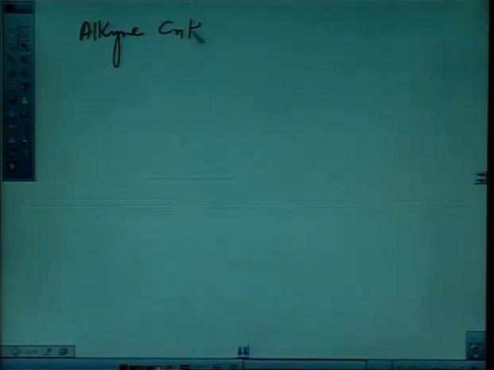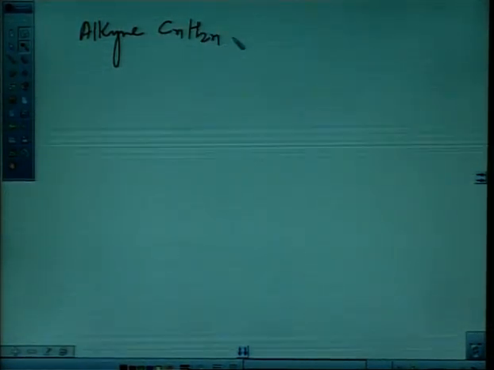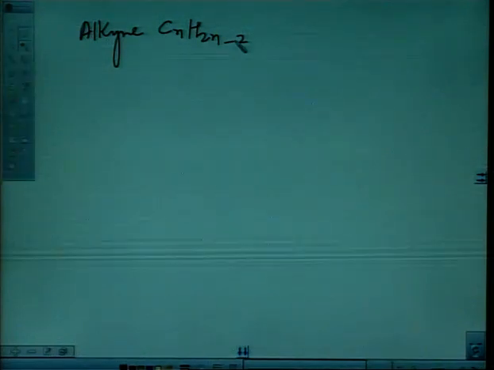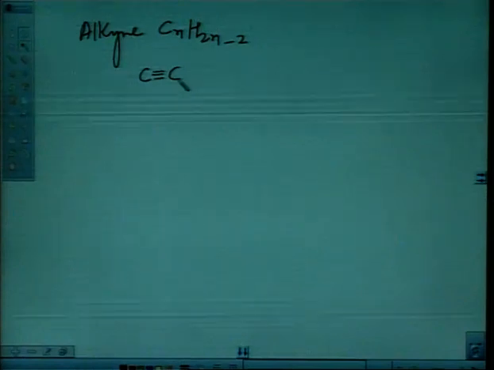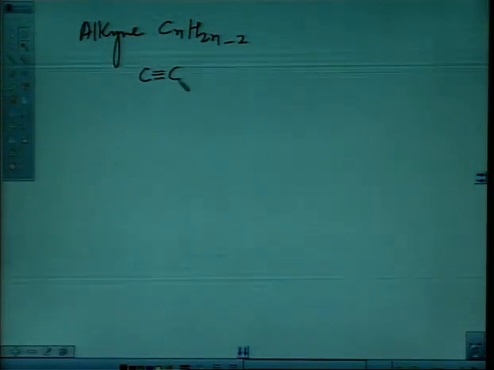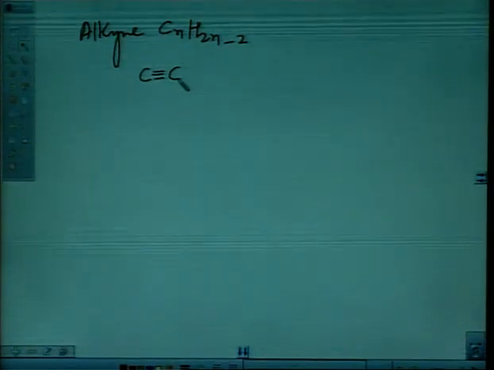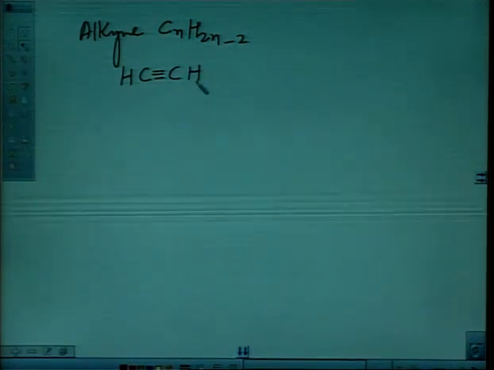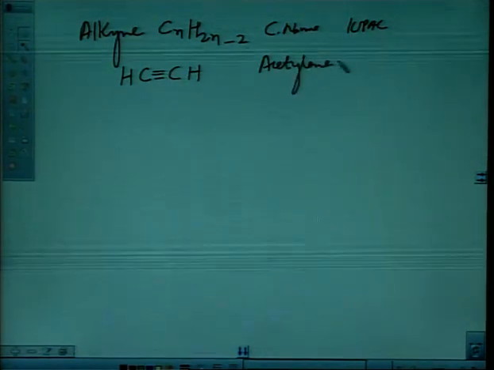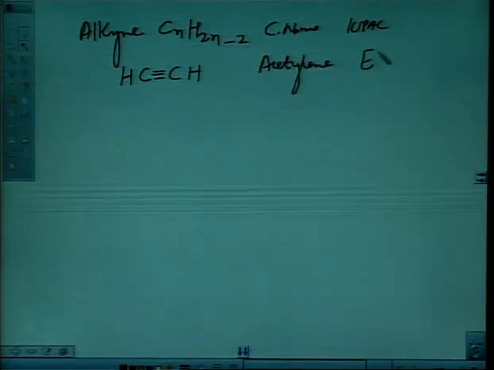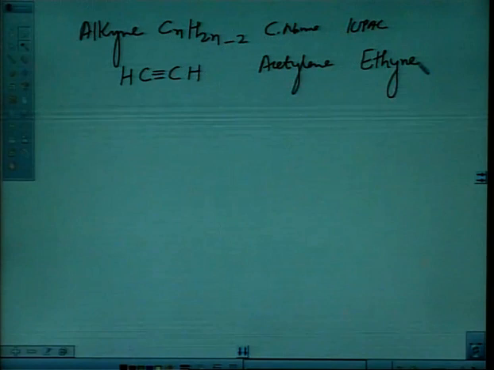The formula is CnH2n-2. So the first member is the one which has 2 carbons, as at least one triple bond is a must. So CH≡CH. The common name is acetylene, and the IUPAC name is from 2 carbons eth and yne for the triple bond, ethyne.